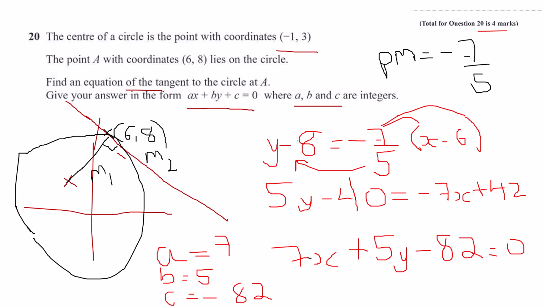If you'd put it in the form y equals mx plus c and then rearranged it, it would also have worked. I did it this way because I knew the answer had to be in this format, so I plugged in my x1, y1 values and my gradient to work out ax plus by plus c is equal to 0. I hope that makes sense.